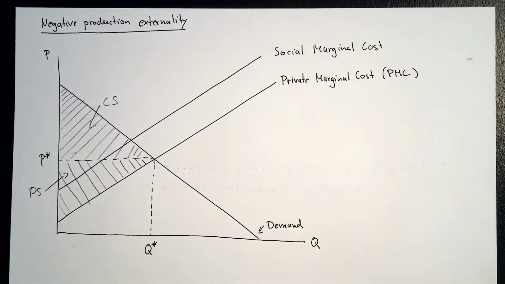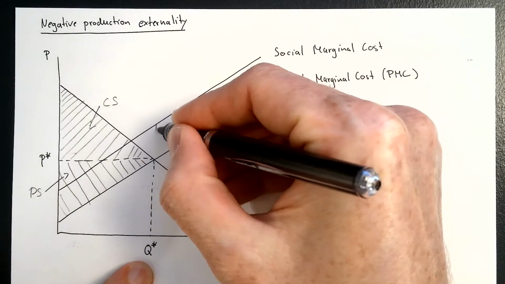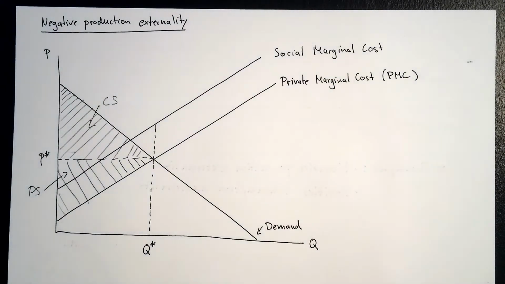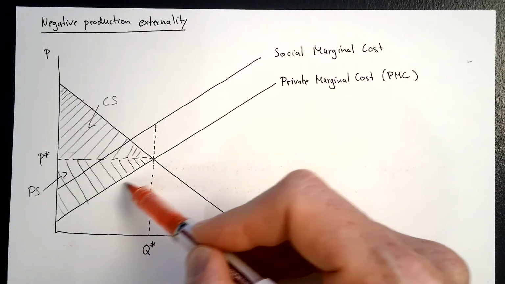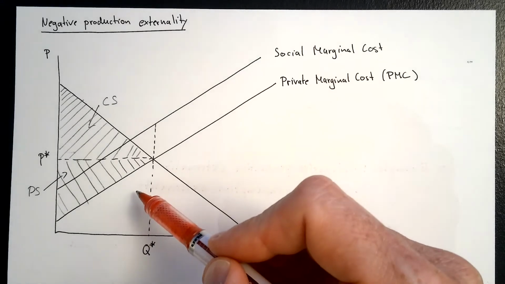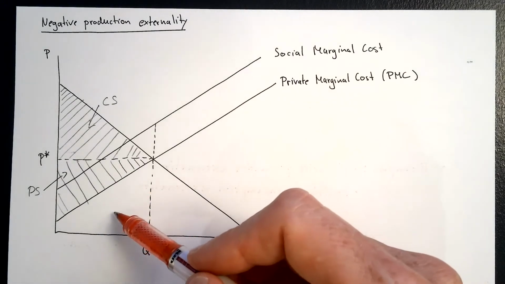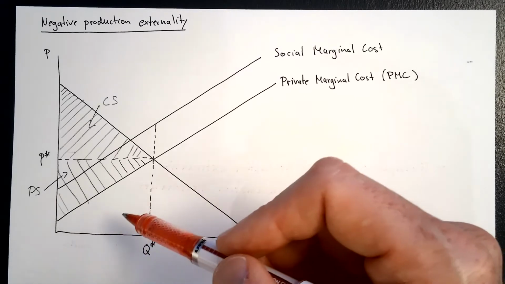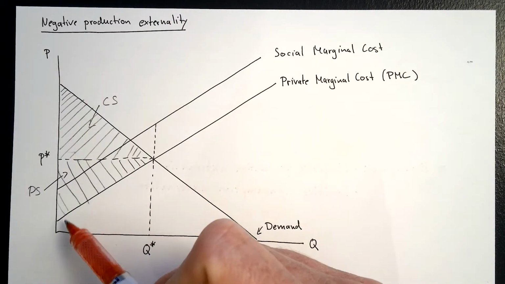Now, since we are producing at Q star, we have not only the variable cost associated with producing the good, which is borne by the firm, but we also have a variable cost, so to say, that is imposed on society.